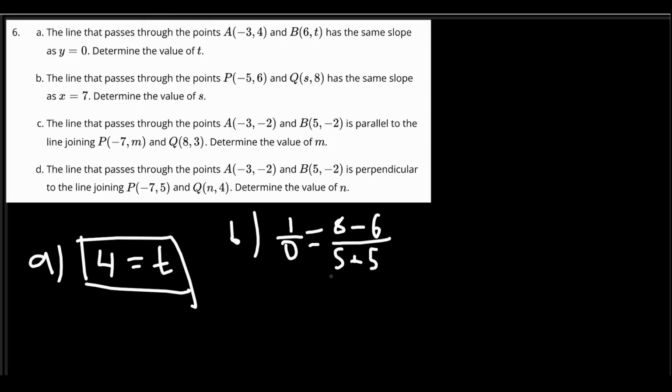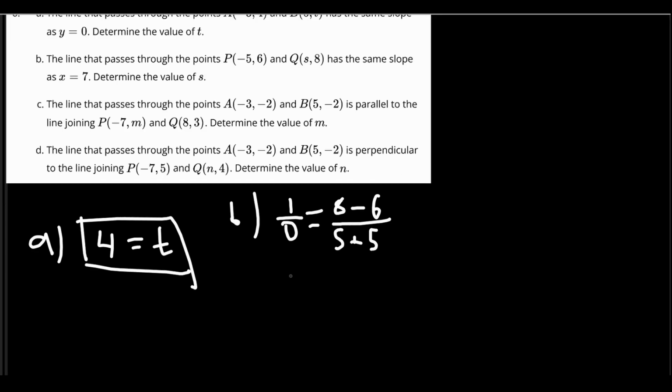You can just ignore the numerator here, but I'll still deal with it to make things a little bit easier. We get 1 over 0 is equal to 2 over s plus 5.